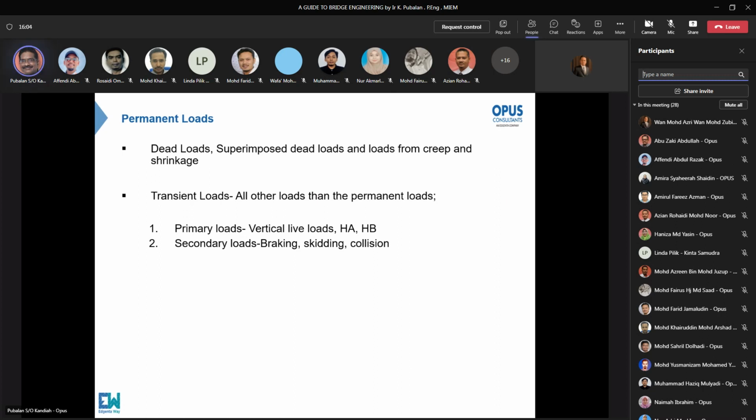This is superimposed dead load. That means you are imposing something on top of the primary dead load. So the primary dead load is actually your beam, your deck slab. Superimposed dead load is like the asphalt, your parapet railing, and so on.